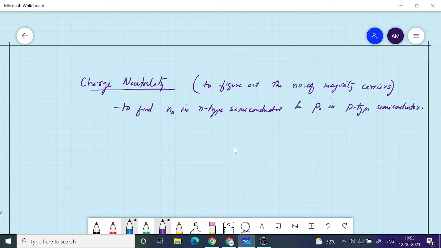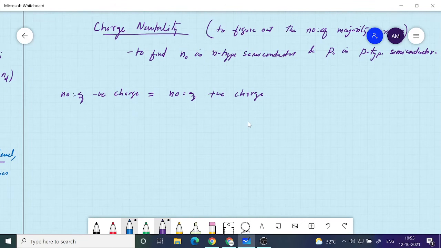Charge neutrality means that the number of negative charges should be equal to the number of positive charges. Now what is the number of negative charges? Basically all the electrons in the conduction band, which is N0. Is there any other negative charge? When an acceptor impurity atom gets occupied, it has an additional electron.